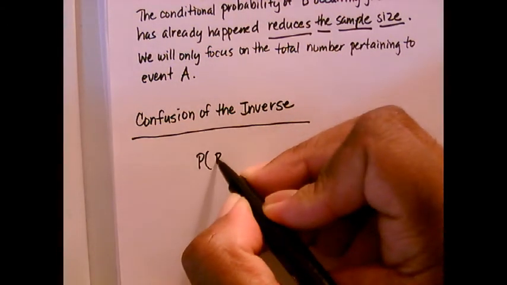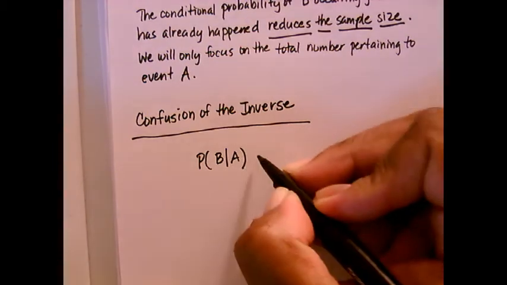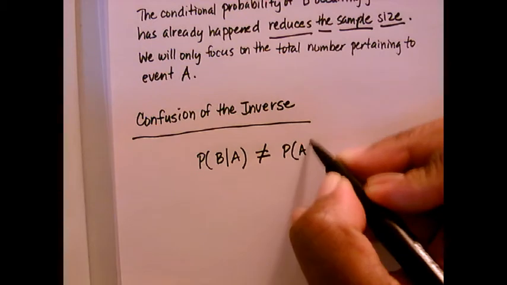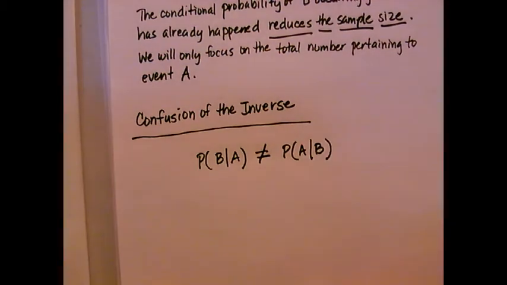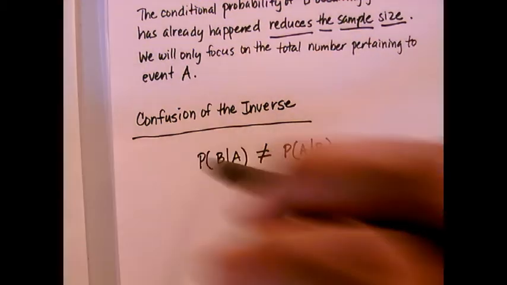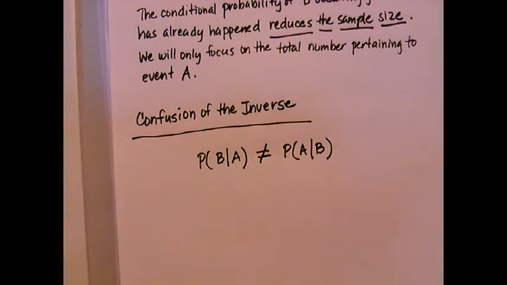If you have the probability of event B given that A has already happened, that's not the same as saying the probability of event A given that B has already happened. Okay? So to incorrectly think that these two are equal, that would be incorrect. We call that confusion of the inverse. Okay? Because the probability of event B given that A has already happened is not the same as the probability of event A given that B has already happened.